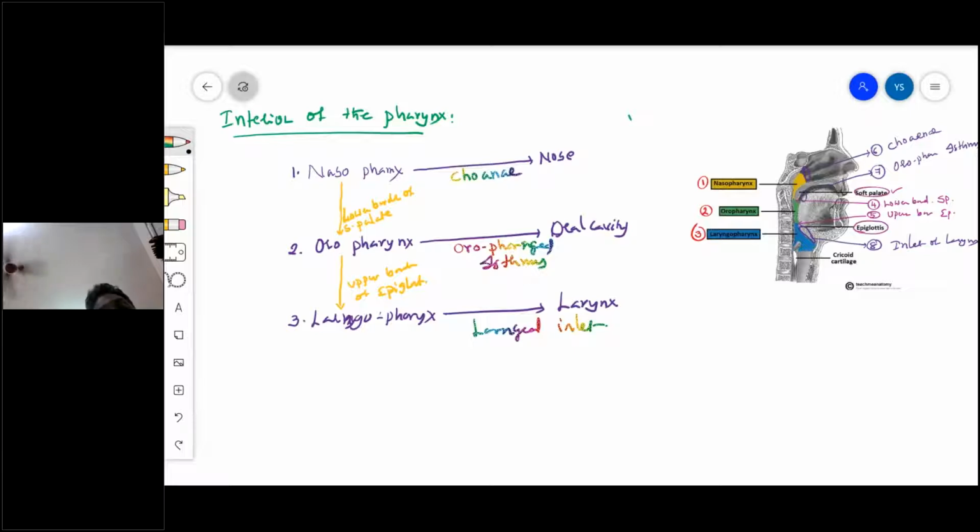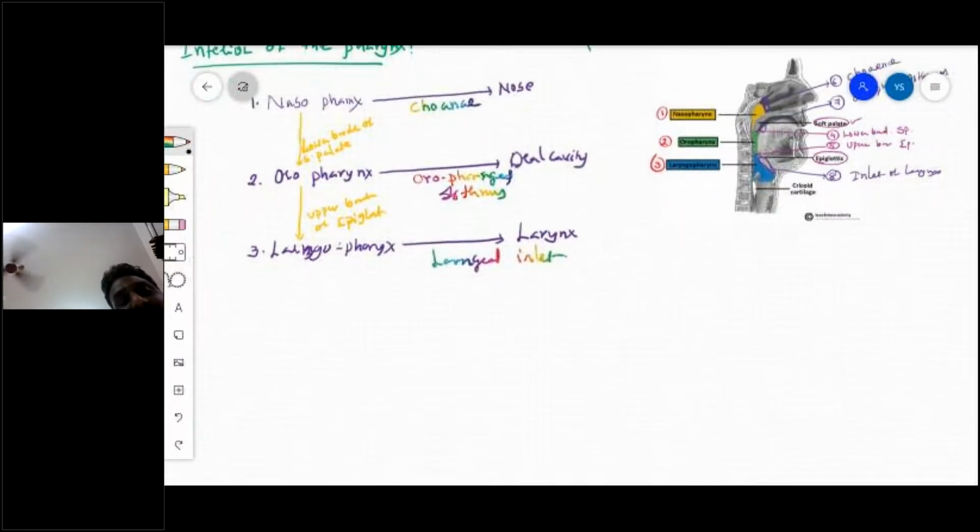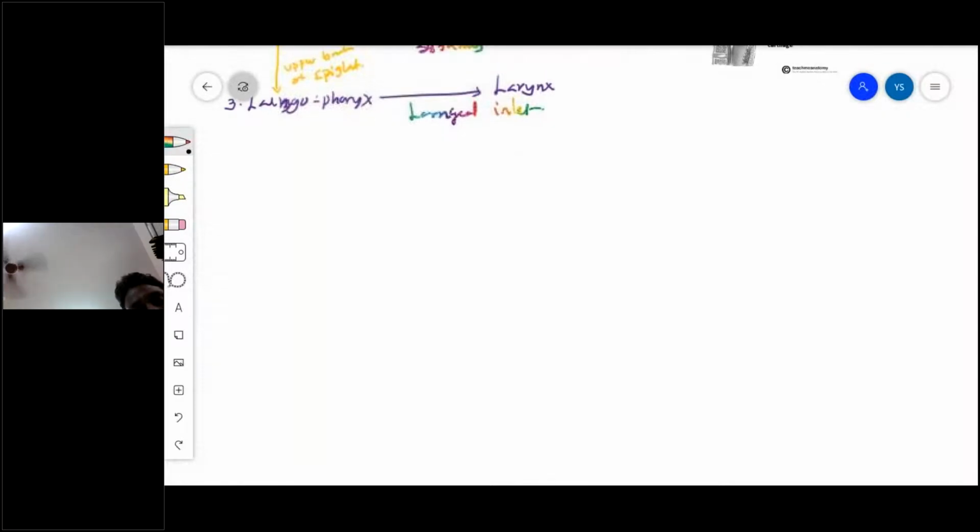We are going to study the boundaries and what the features are in those parts. We will see all of that in detail. So first I'm going to explain about the nasopharynx. That is the first one.